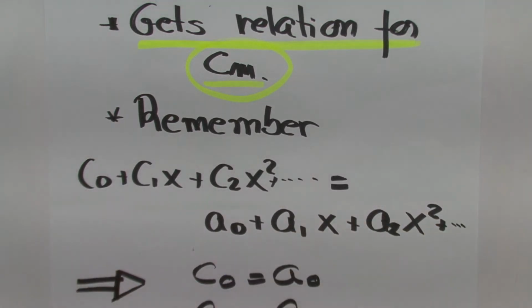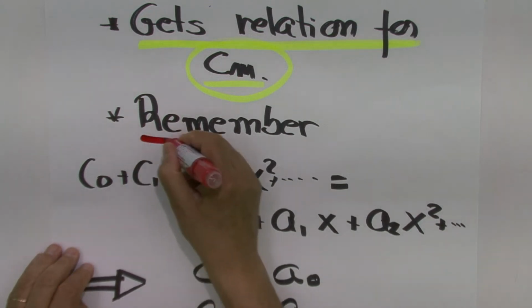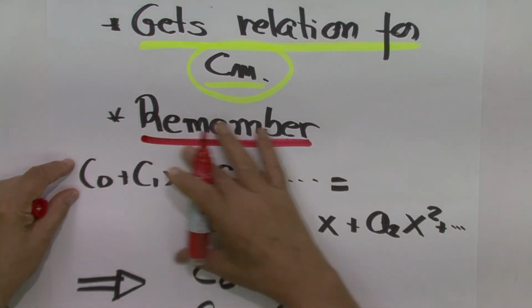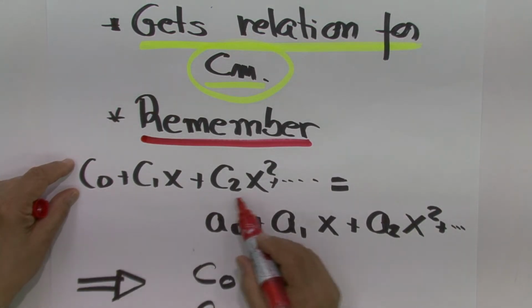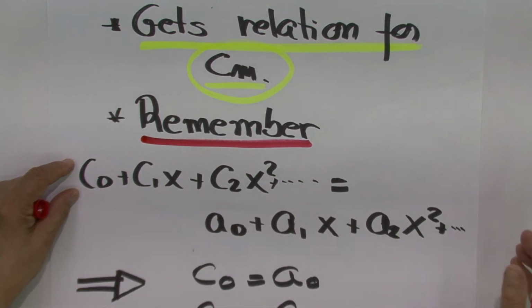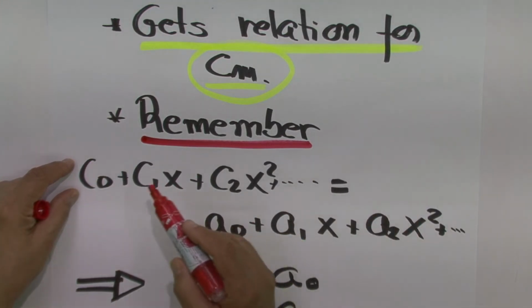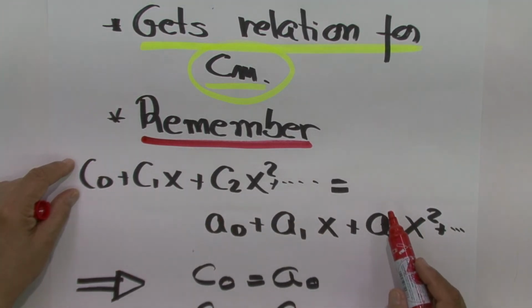And then you have to remember a very important fact from basic algebra. When we have a statement that one power series equals another power series, the coefficients of the same power must be equal.